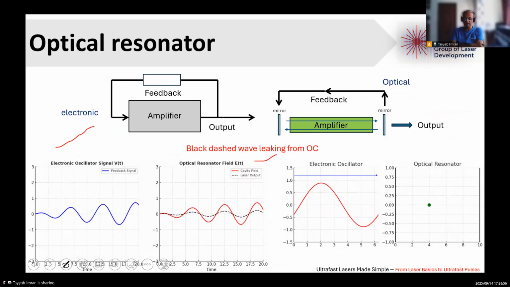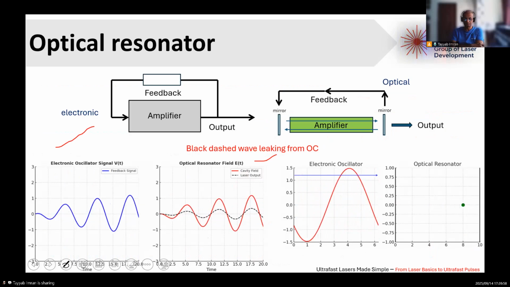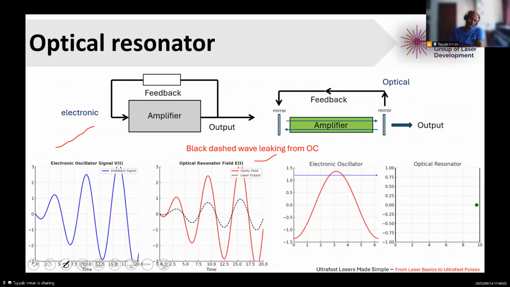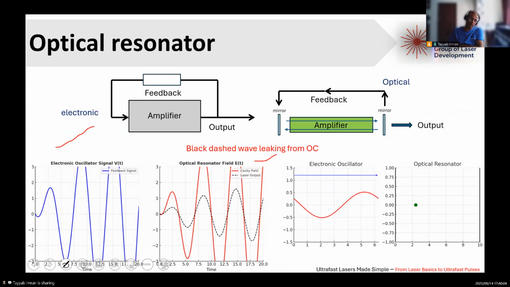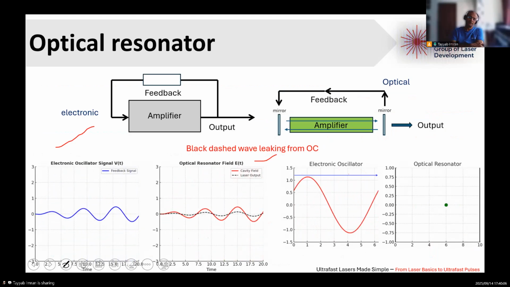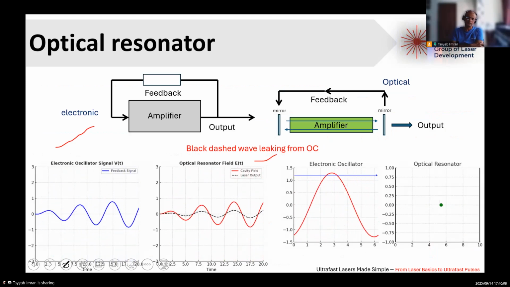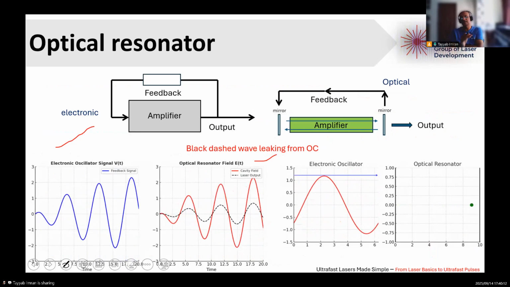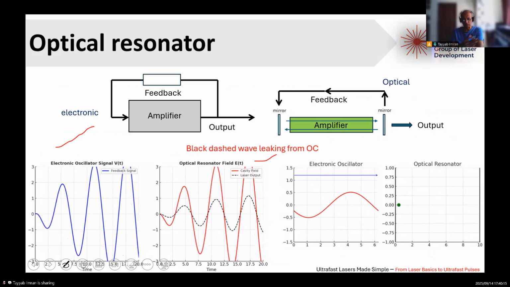This dotted line is the one which passed through the optical coupler, the output coupler, from which side we take the laser out.